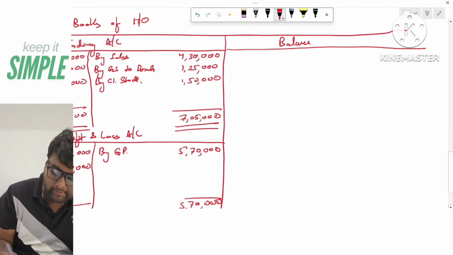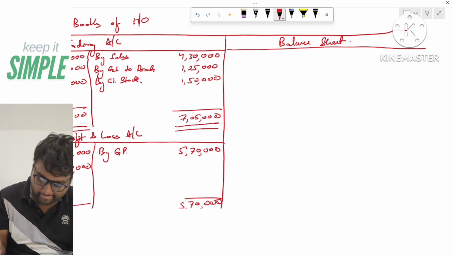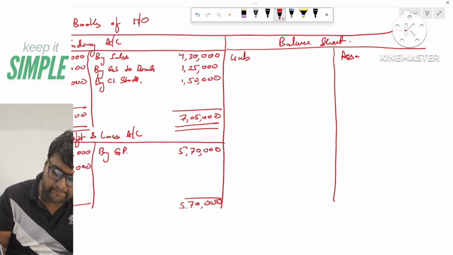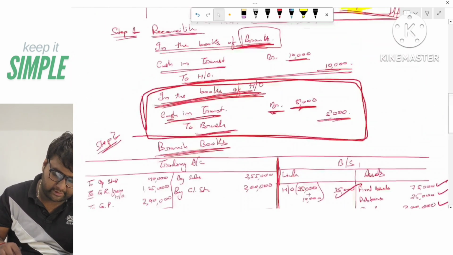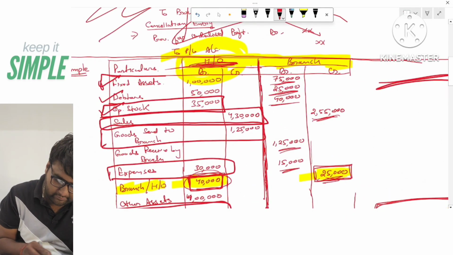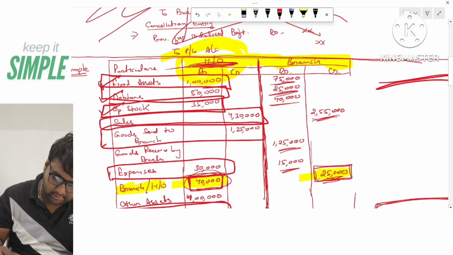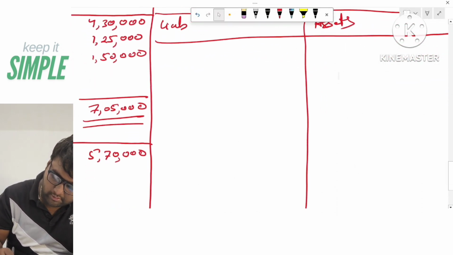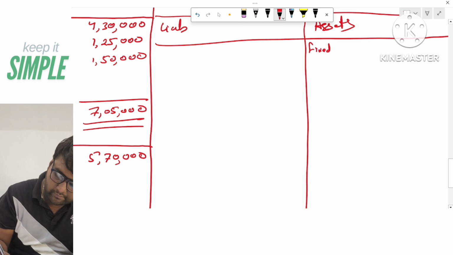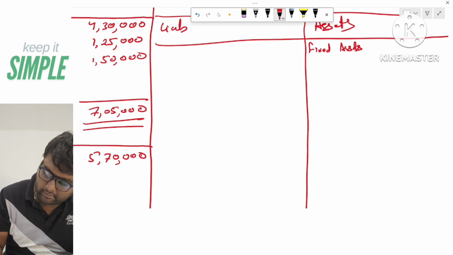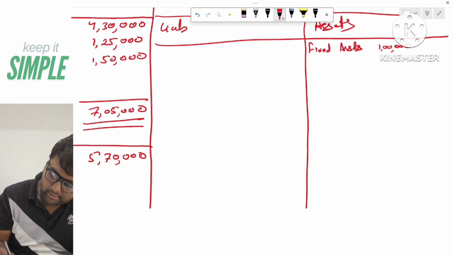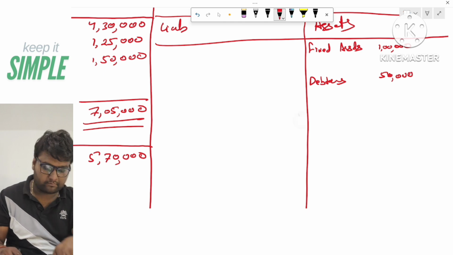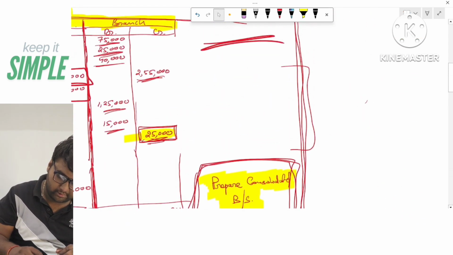Balance sheet. This is head office books, no? So liabilities, assets. First we'll incorporate everything. So fixed assets 1 lakh, debtors 50,000. Then what was there?